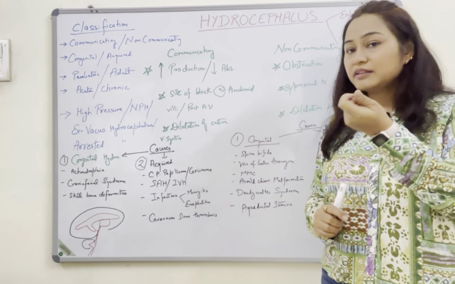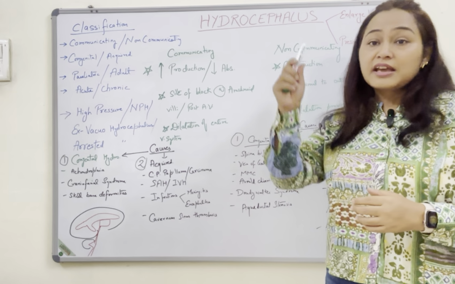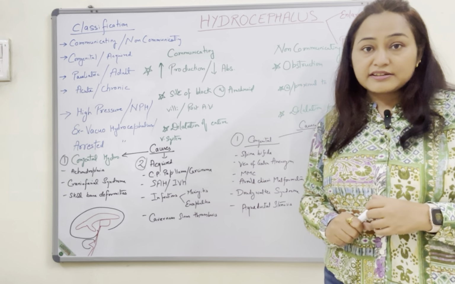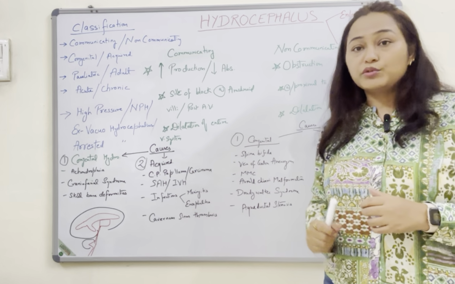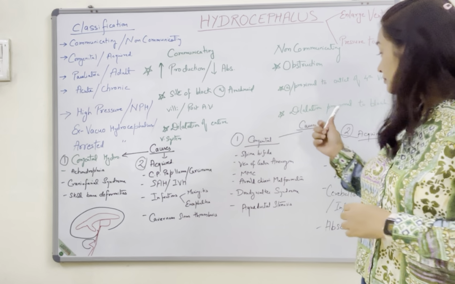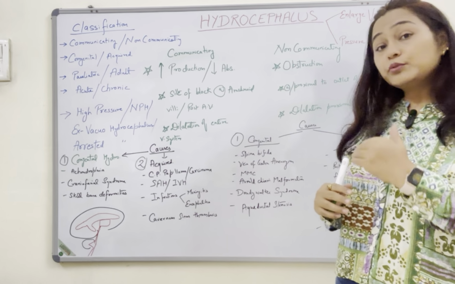So these foramina get occluded, or proximal to it, right? That means either the foramen of Monro is occluded, or the cerebral aqueduct is occluded, or the foramen of Luschka or Magendie is occluded. So the hallmark is dilatation of the ventricular system or CSF pathway which is proximal to the block.